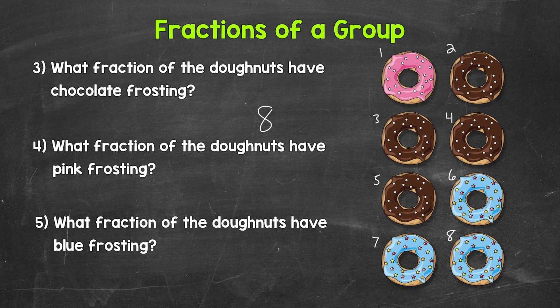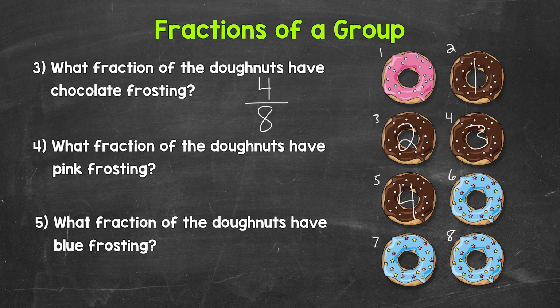So 8 is our denominator. Now we need the numerator. That's going to be the number of donuts that have chocolate frosting. We have 1, 2, 3, 4. So 4 is our numerator. 4 out of the 8 donuts have chocolate frosting. So our fraction is 4/8.